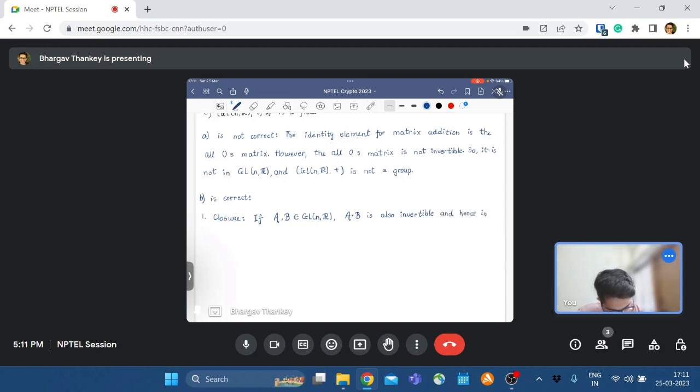Okay, so why is this true? Why is it true that if A and B are both invertible, then the product is also invertible? The determinant will be non-zero, right?